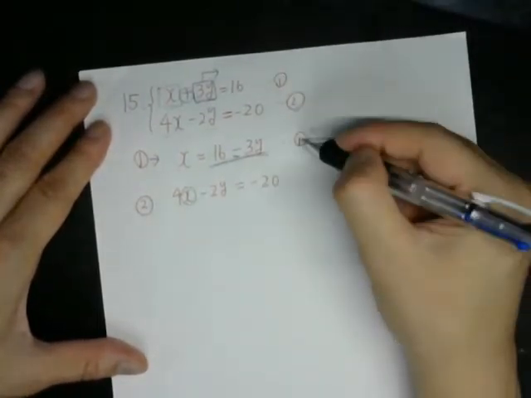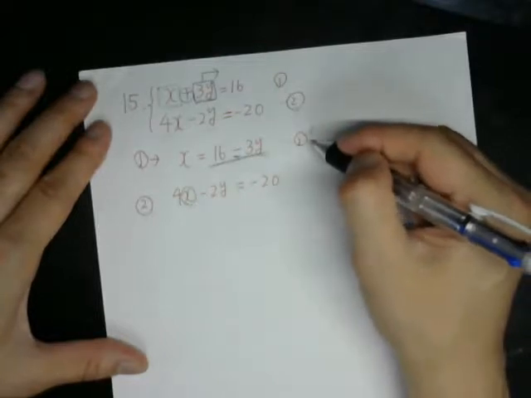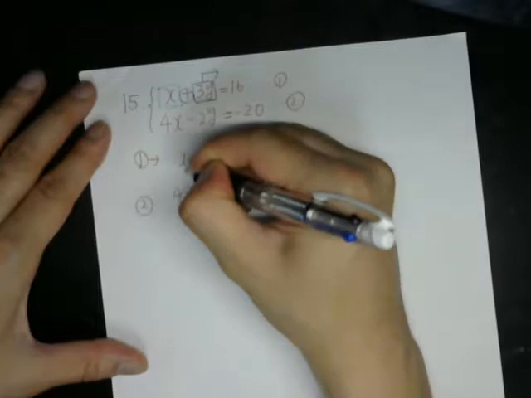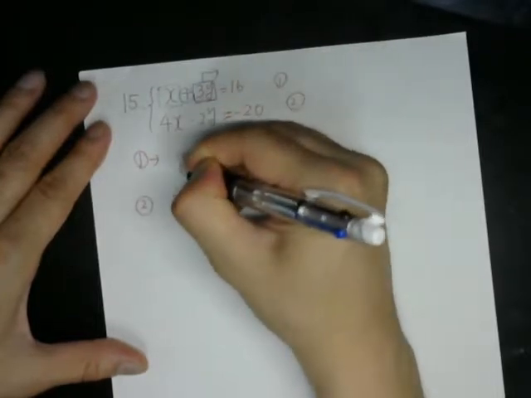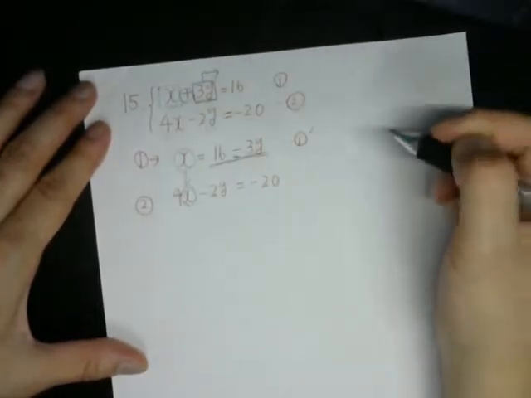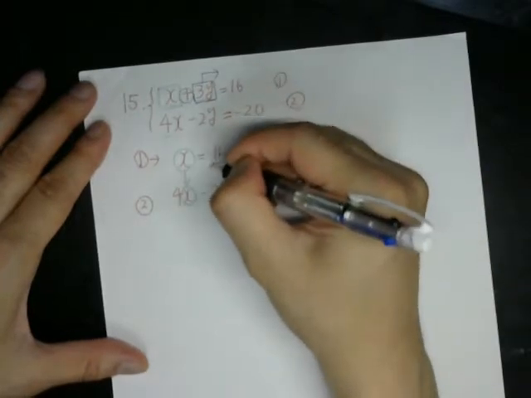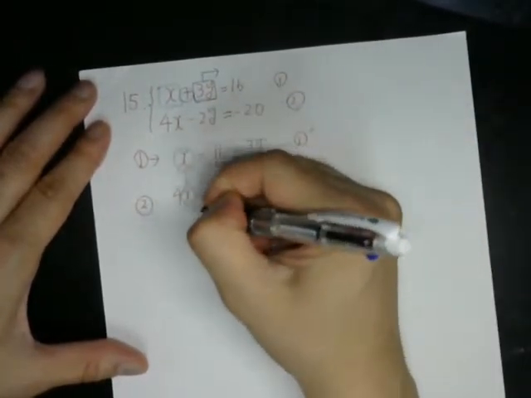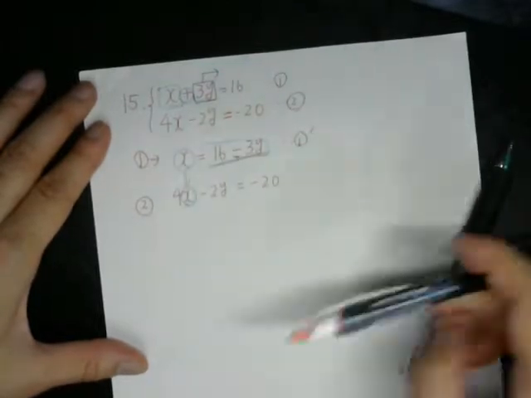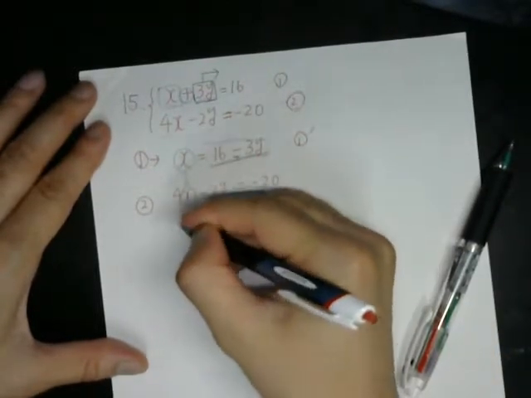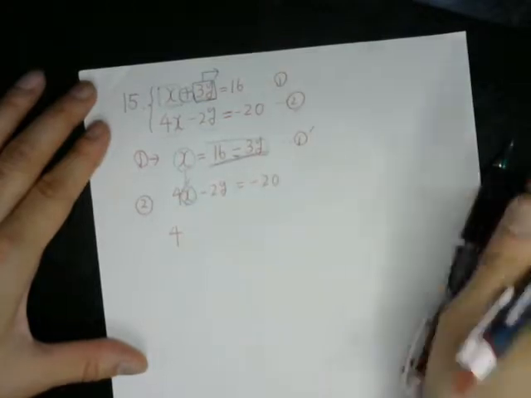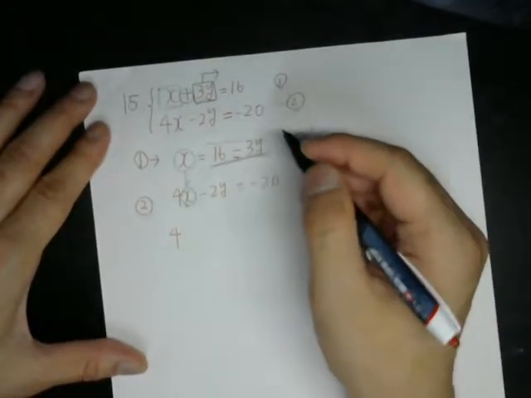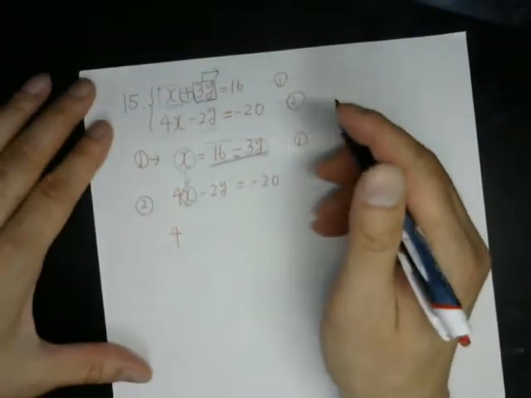I call it 1 prime because it's derived from the first equation. So this x will go in here, or this thing, 16 minus 3y, goes in here in the second equation.